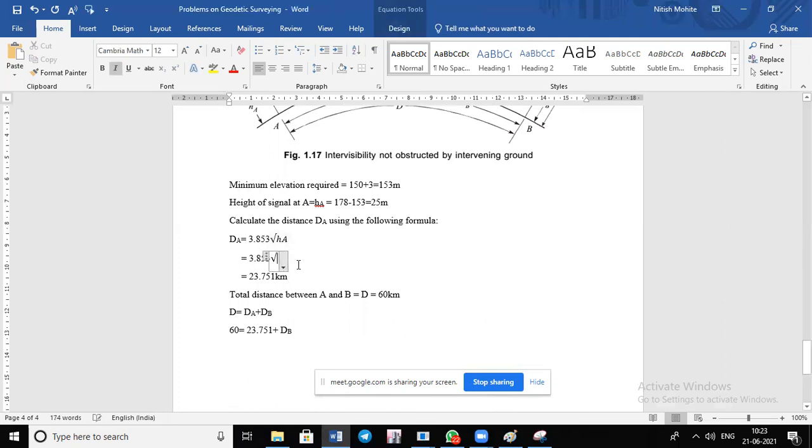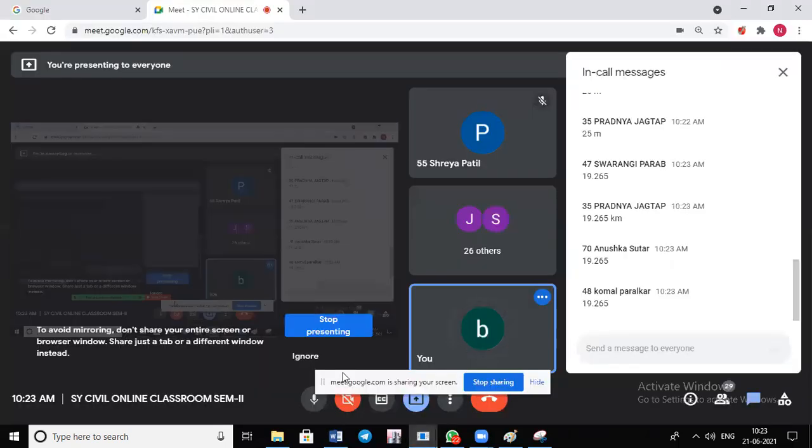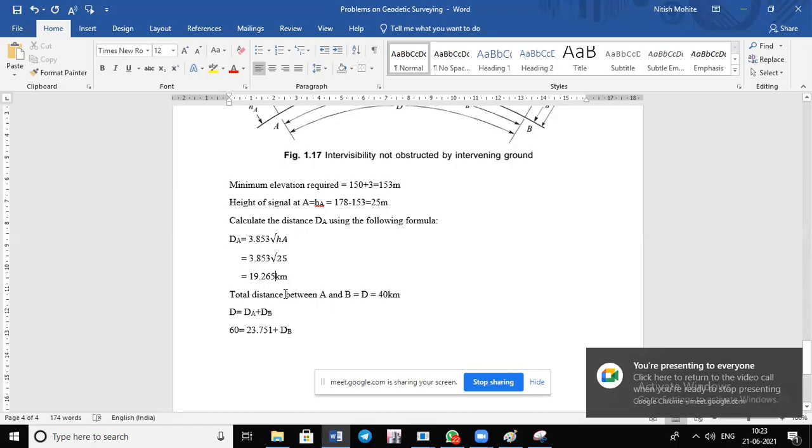HA is 25. Tell me the value of this dA. Calculate it. Yes, whether it comes out to be 19.265 kilometer. Yes, good. So 19.265 kilometer.